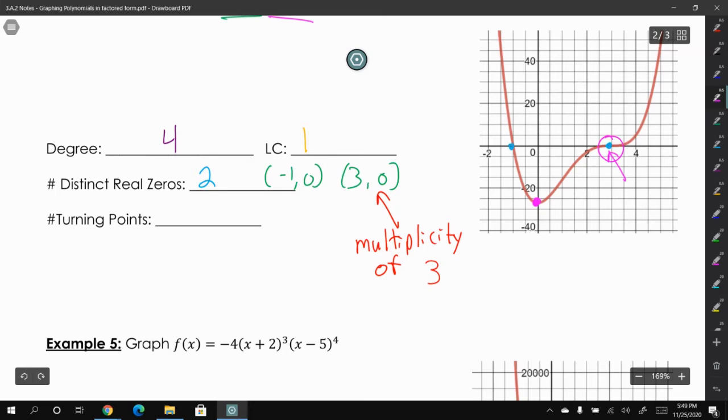This point right here is not a minimum or maximum point, because your graph is increasing, it's going up before, and then it gets really close to not going up, but then it continues to go up. So there's only 1 turning point.